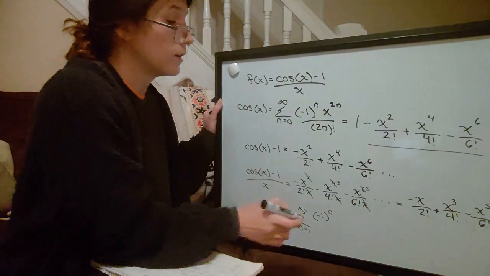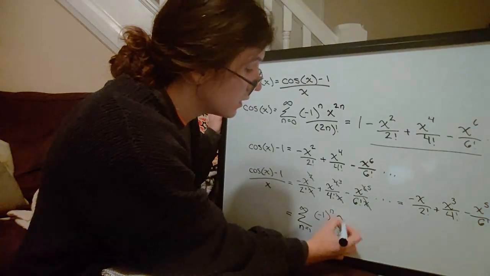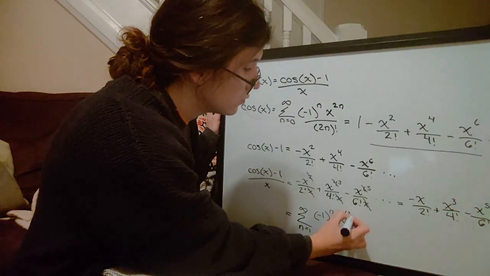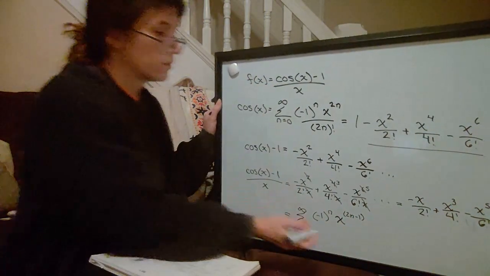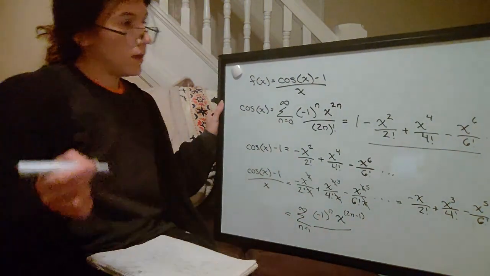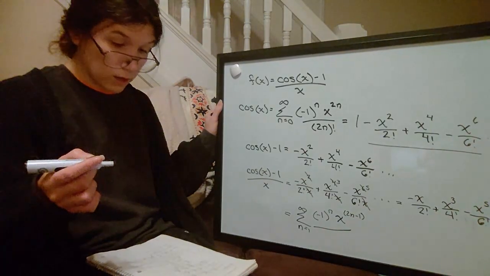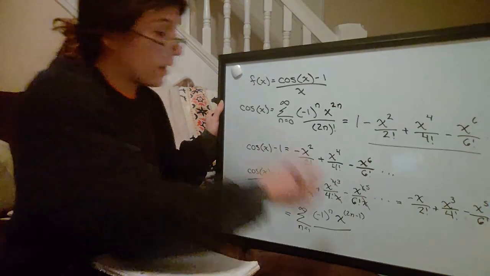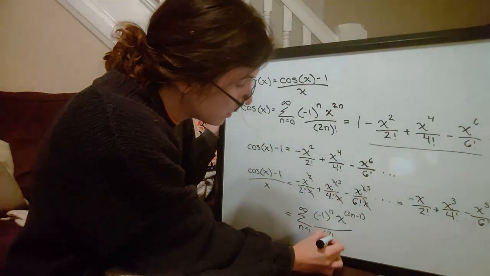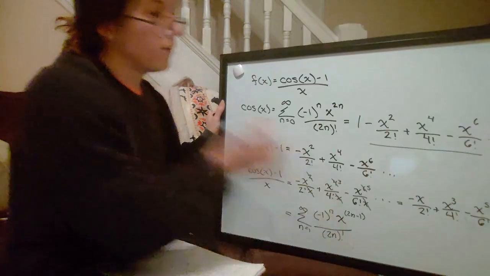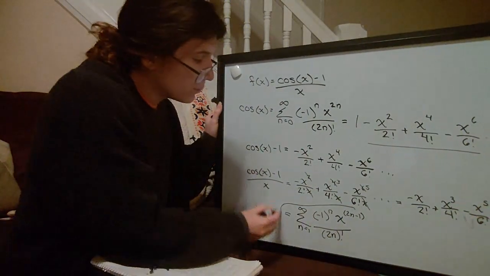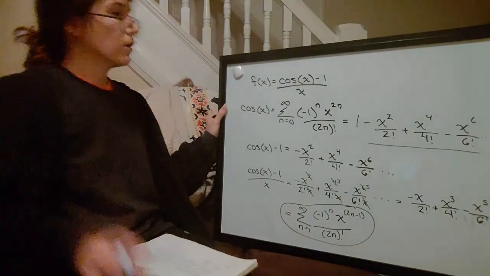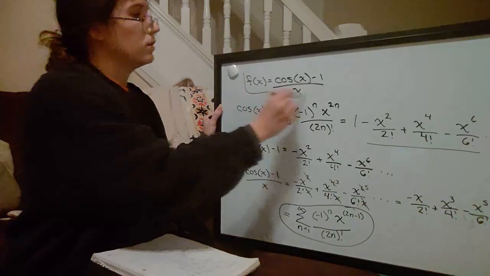It's still going to be negative 1 to the n, and then this will be x to the 2n minus 1, because that is when we divided our x. All right, and our factorials did not change as well, so that part of this problem is not going to change. 2n factorial, because that was not impacted. So this is going to be our series for this guy.